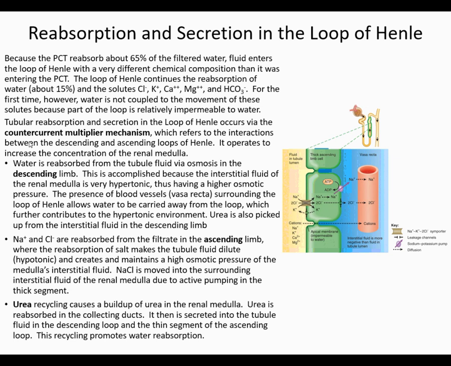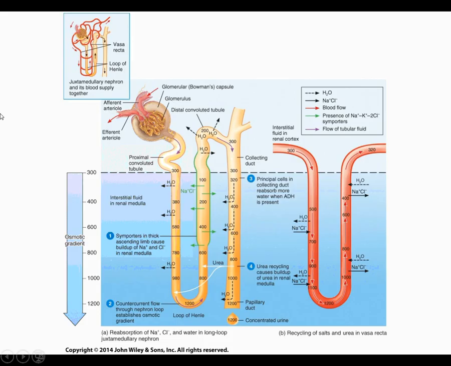With water, what we're doing is reabsorbing it in this descending limb. Why? Because the fluid in the loop of Henle is like the ocean water. It's really salty because of what we're doing in this ascending limb. We're pumping out sodium chloride, aka salt.